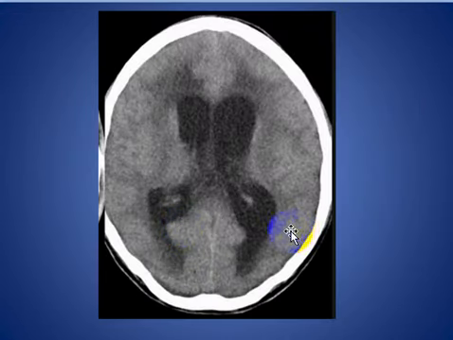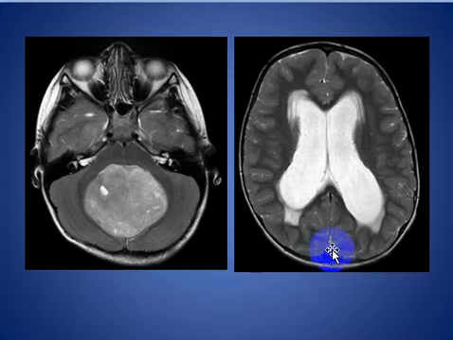Here, a patient with interstitial edema, as we see hydrocephalus and hypodensities involving the frontal and occipital horns of the lateral ventricle. Here, another patient with medulloblastoma, a mass in the posterior fossa causing obstructive hydrocephalus, and we see the edema as a hyperintense area around the lateral ventricles.